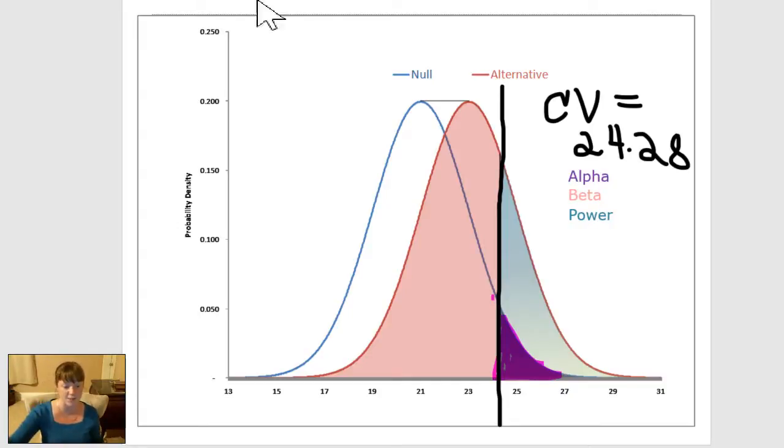Anything to the left is beta, where you're not rejecting the null hypothesis and you're sad. And anything to the right is power, where you are rejecting the null hypothesis and you're happy, right? And so this is the first way I want you to understand these phrases, alpha, beta, and power, and be able to label them on this graph. But there's actually other ways to understand alpha, beta, and power. And they actually flow conceptually from these graphs.